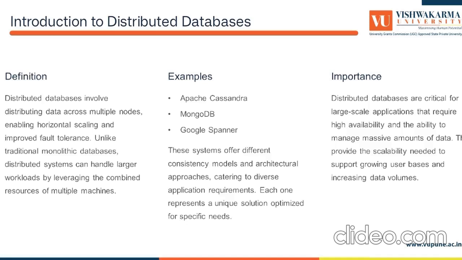For example, Apache Cassandra, MongoDB, and Google Spanner. These systems often differ in consistency models and architectural approaches to suit application requirements. Each one represents a unique solution optimized for specific needs.